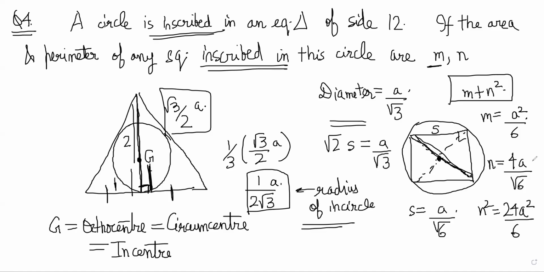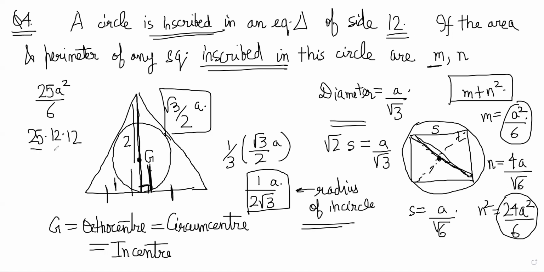So m plus n square is coming out to be, basically, a square by 6 plus 24a square by 6. So you're getting 25a square by 6. And what is a? A was given as 12. So it is 25 into 12 into 12 by 6. So basically you get 50 into 12. So that is 600, and that will be your answer.